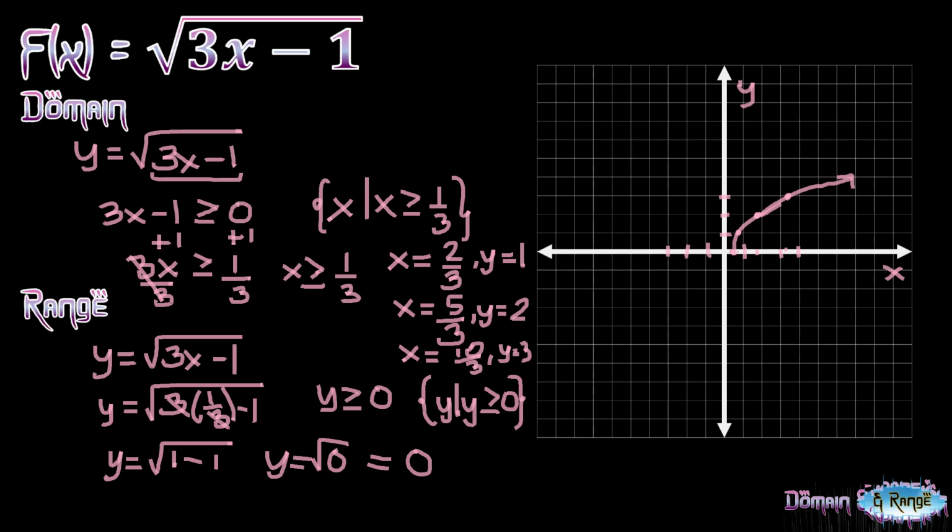When you move towards the right, there are no breaks on the graph. As this goes further on, our value of x still goes further on. Hence, our domain earlier, which accepts all values of x such that x is greater than or equal to 1/3, is correct.